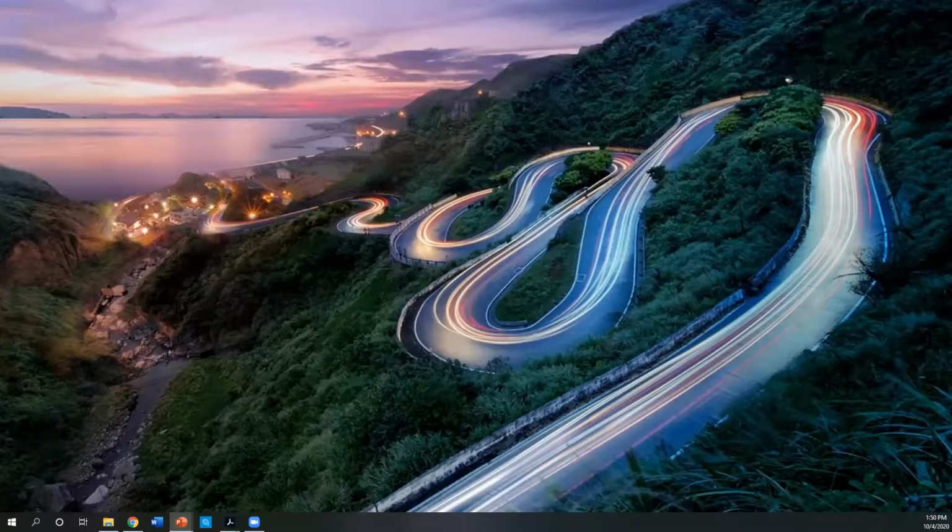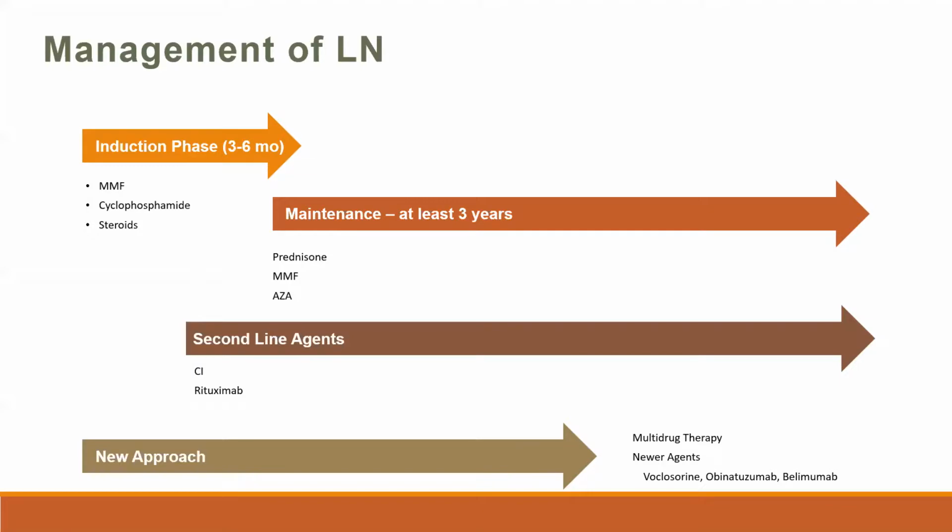The only advantage of cyclophosphamide as an induction therapy in lupus is that in the maintenance of the remission, if you induce any patient with IV cyclophosphamide and then go to the maintenance regimen of MMF and azathioprine, versus if somebody induces with MMF and then continues with the maintenance regimen of MMF and azathioprine, the chances of this patient staying in remission will be slightly higher as compared to if you have started with MMF.